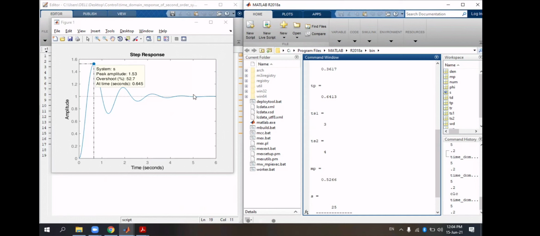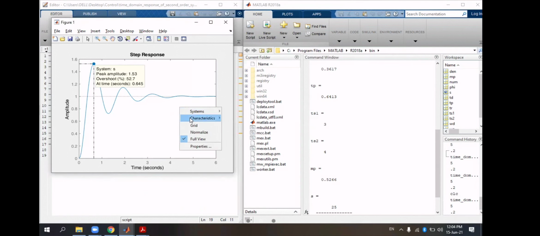The time at which this peak comes is called the peak time, Tp. It is 0.645 from the graph, and nearly the same, 0.6413, from the formula. Now the next characteristic, settling time.